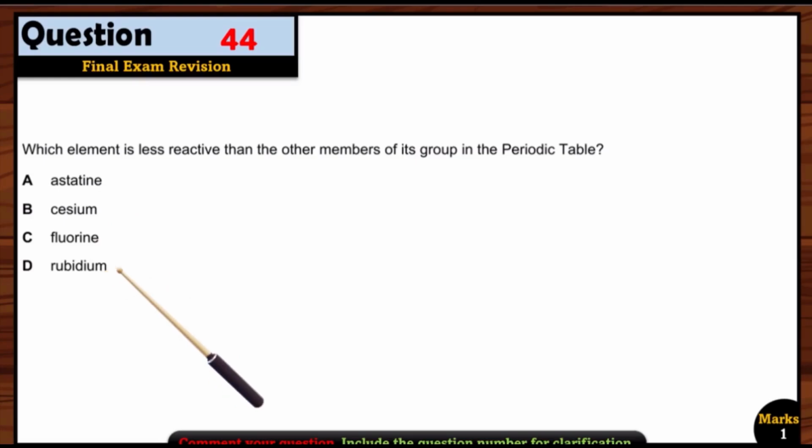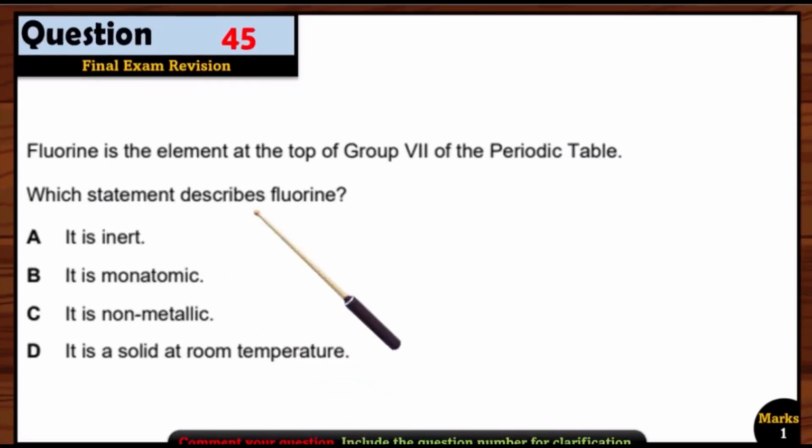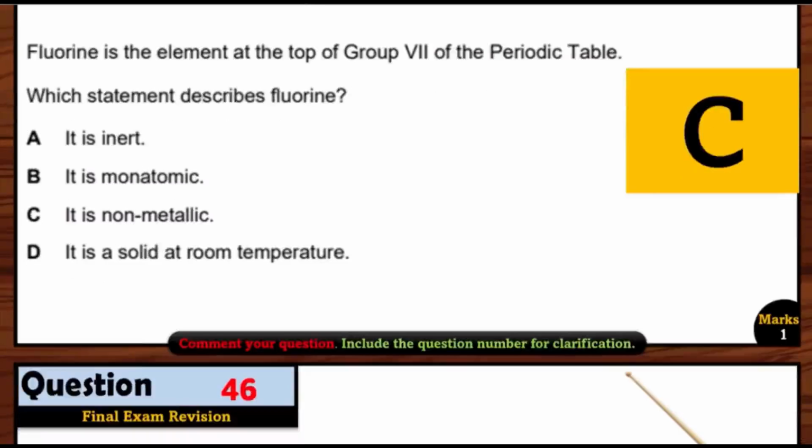If you check group 7, astatine is at the bottom. So that's why option A is the right option over here. Let's see question 45. Fluorine is the element at the top of group 7 of the periodic table. Which statement describes fluorine? It is inert, wrong. It is monoatomic, again wrong. It is non-metallic, yes, that's right. So option C is the right option over here.